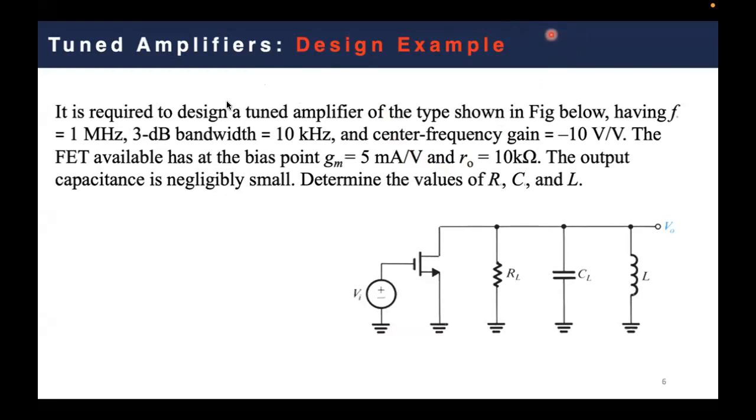So this r0 value will be added here as a resistance. So by the end of the day, now your resistance is not only RL, it will be RL in parallel with r0. That's simply the main difference between the example we studied before and this example.